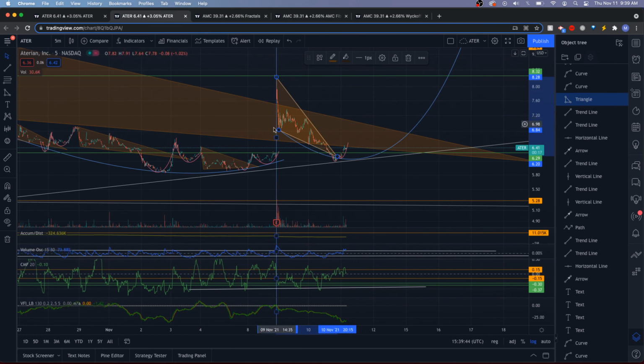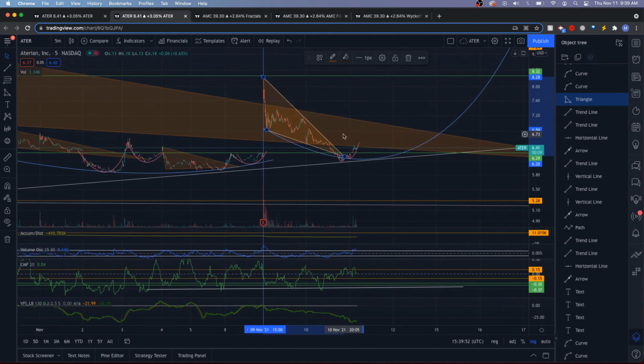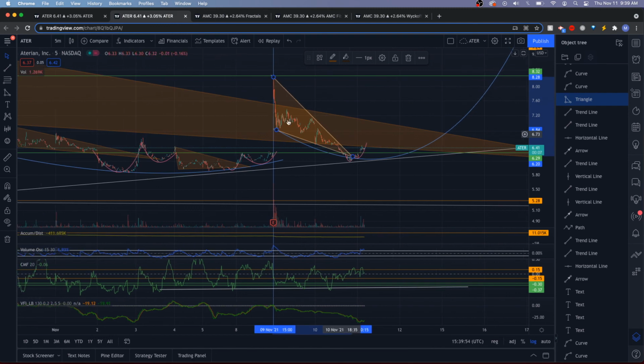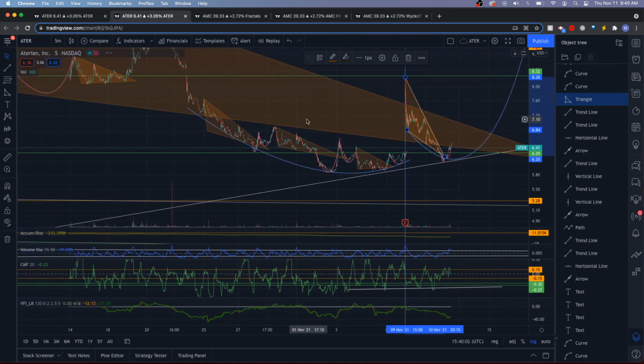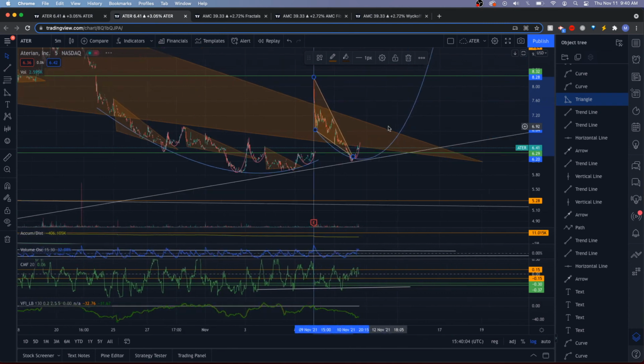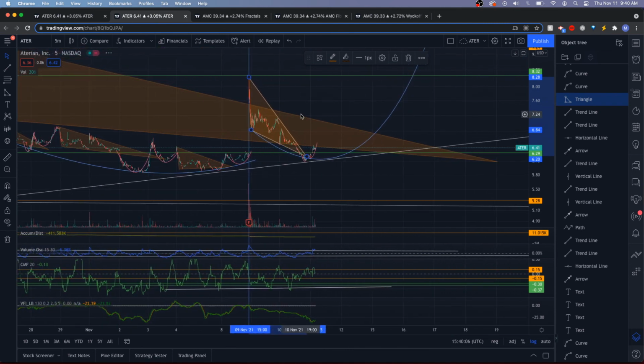It's probably going to form some kind of a pennant, and then it's going to go, you know. And even within here, there's kind of a smaller pennant that formed, and then it sort of did this W down. It seems that happens quite a bit, that there are patterns within patterns within patterns on this stock.